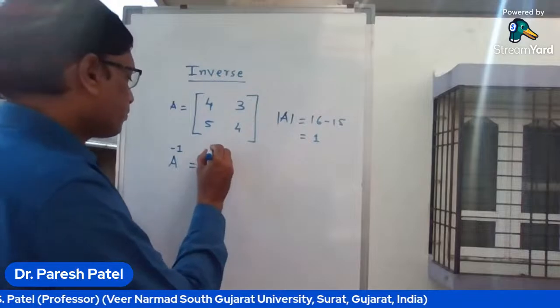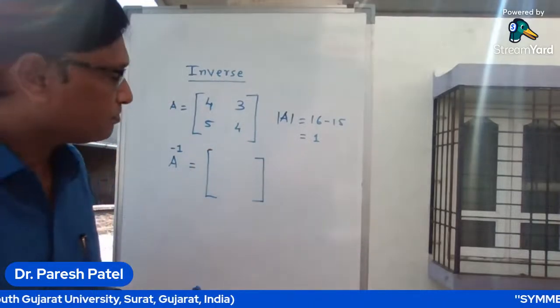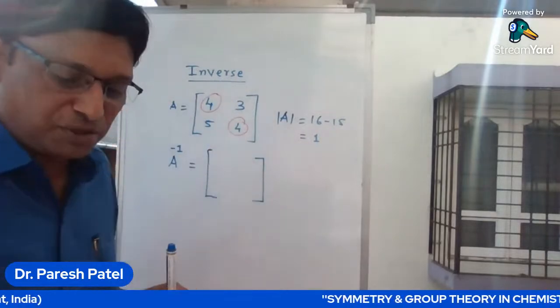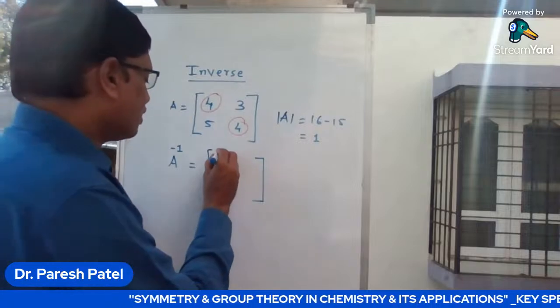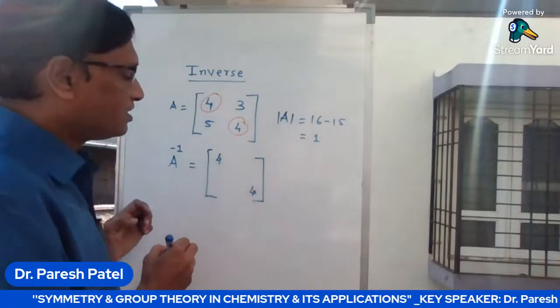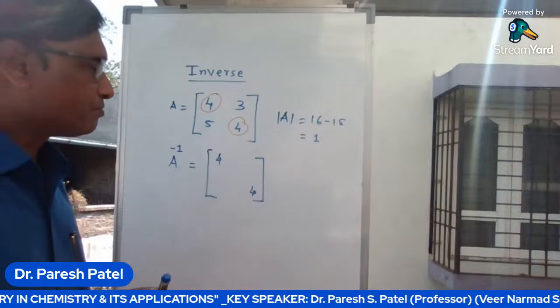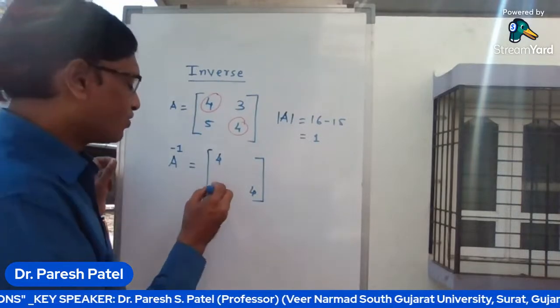Second step, change the position of the diagonal elements. So these are the two diagonal elements, and we have to change their positions. The values are the same, so 4 and 4. Third stage, change the sign of the elements other than the diagonal elements.